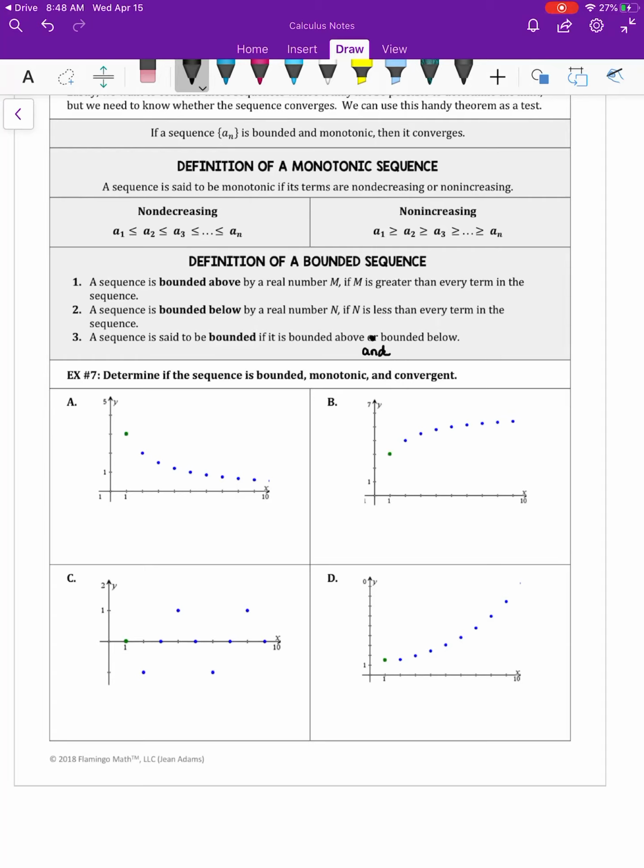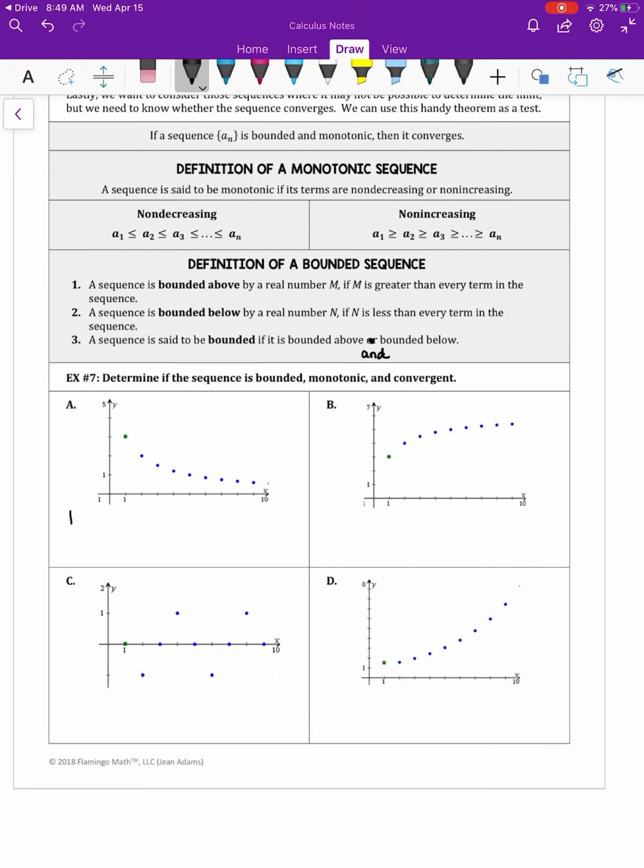There is a mistake right here. This or should have been and. So please change that in your notes. A sequence is bounded above by a real number m if m is greater than every term in the sequence. A sequence is bounded below by a real number n if n is less than every term in the sequence. So a sequence is said to be bounded if it is bounded above and below.